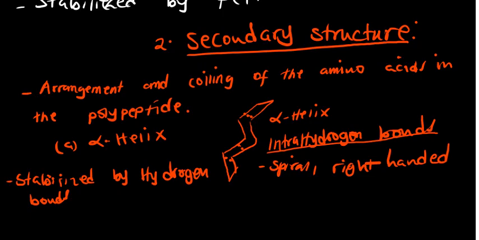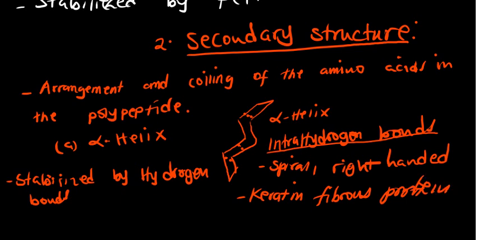So an example of a protein that has alpha helix is keratin, which is a fibrous protein. Keratin is part of nails.